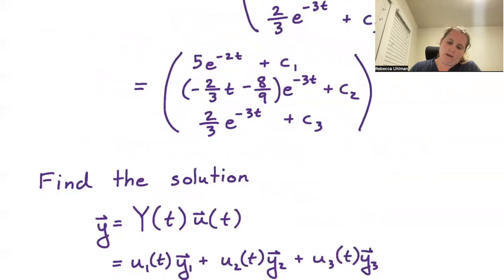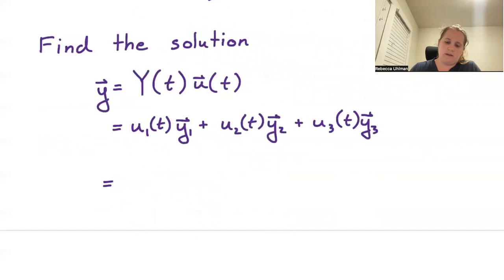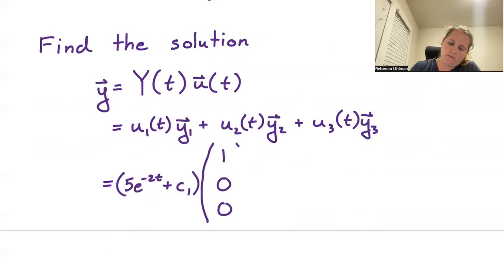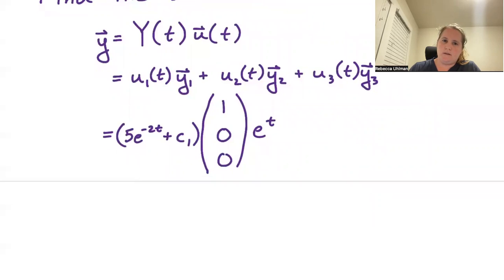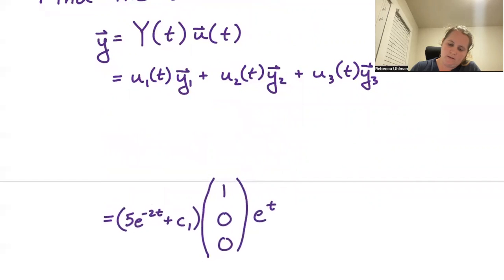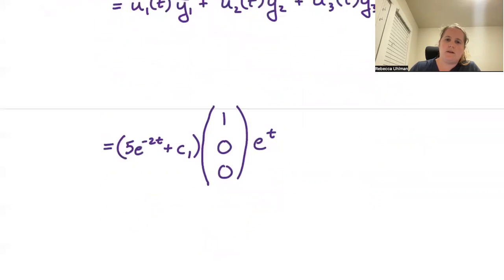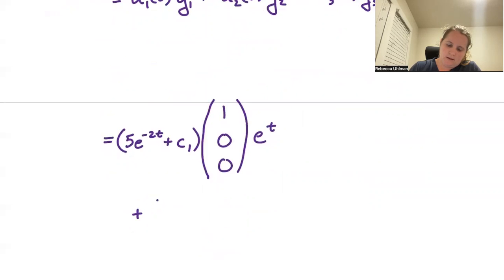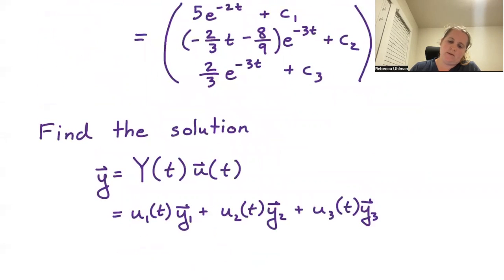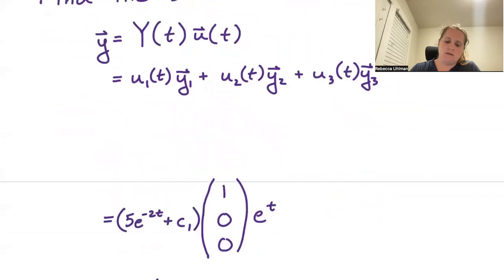So u1, we had 5e to the negative 2t plus c1, multiplying y1, which was 1, 0, 0 times e to the t. Then we have plus our u2, which was negative 2/3 t minus 8/9 times e to the negative 3t plus c2.